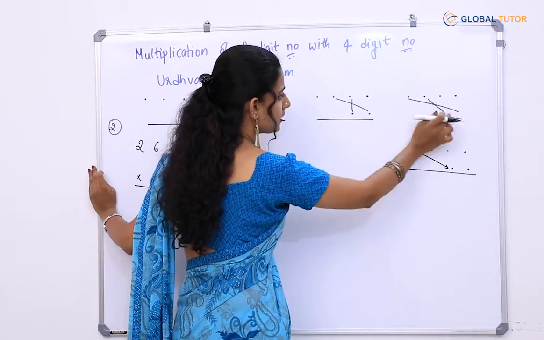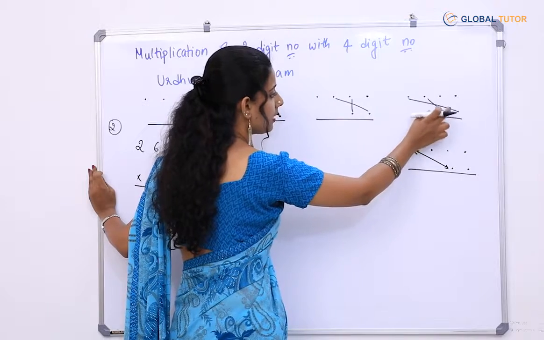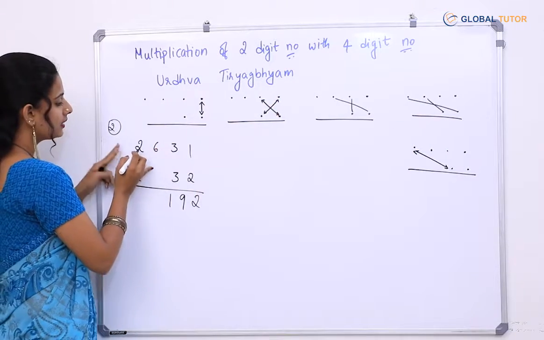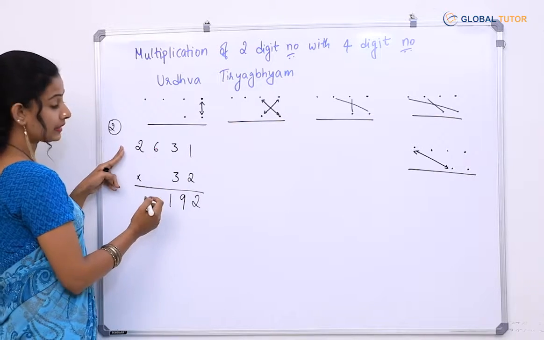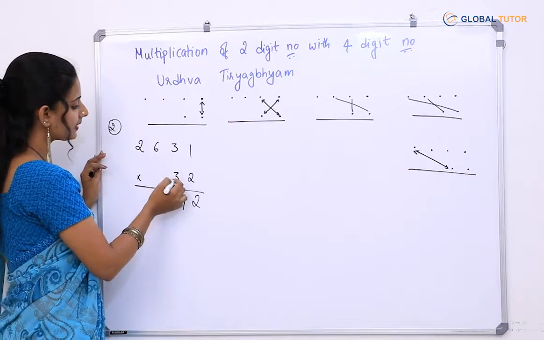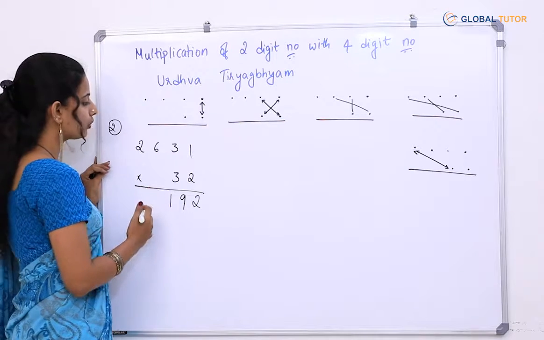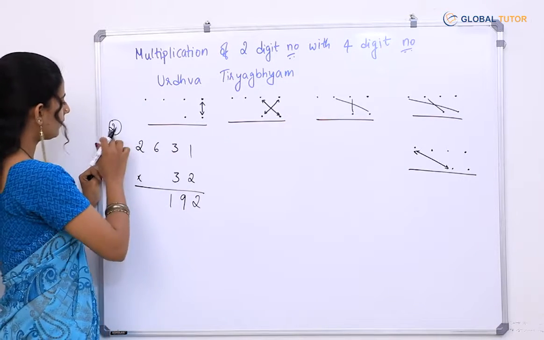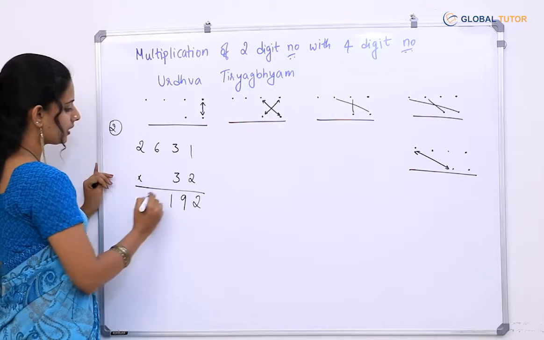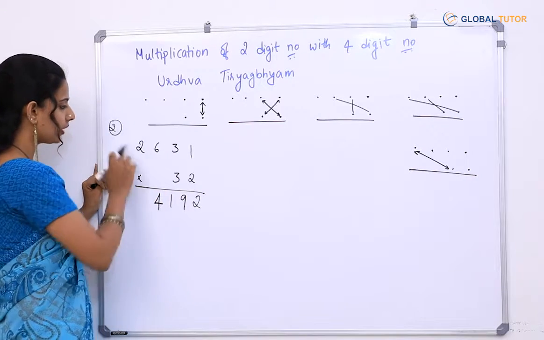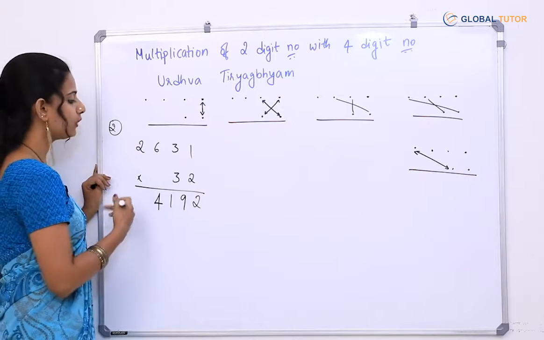Multiply these two numbers with these two numbers and then add those two. So it is 2 into 2 which is 4 and then 6 into 3 which is 18. So 18 plus 4 will be 22 and then you add this 2 here. So that is 24. So here you write only 4 and then again 2 gets carried forward to the next step.